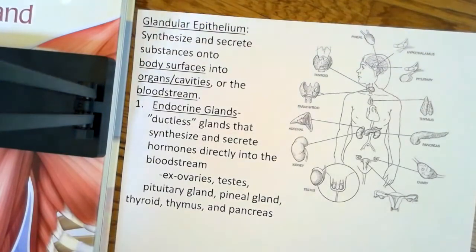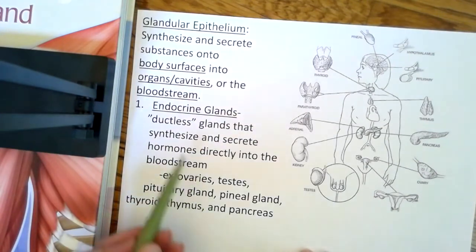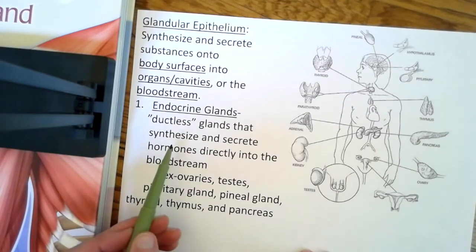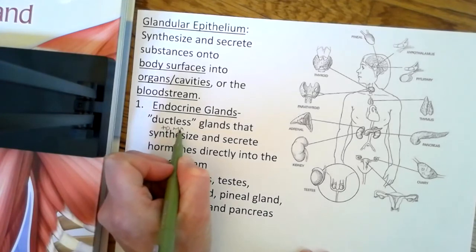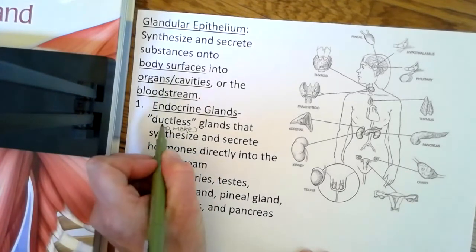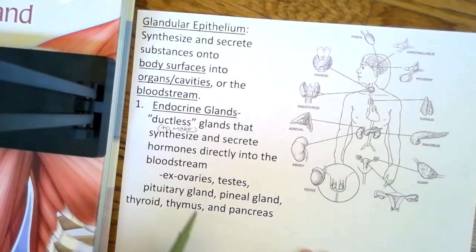So if it's an endocrine gland, which we've already talked about a little bit with the basic overview in chapter 1, these are glands that are ductless. They're going to secrete substances after they've made them. If you don't know the word synthesize, that means to make. I guess I should probably point that out. They're going to make those hormones and secrete them directly into the bloodstream.